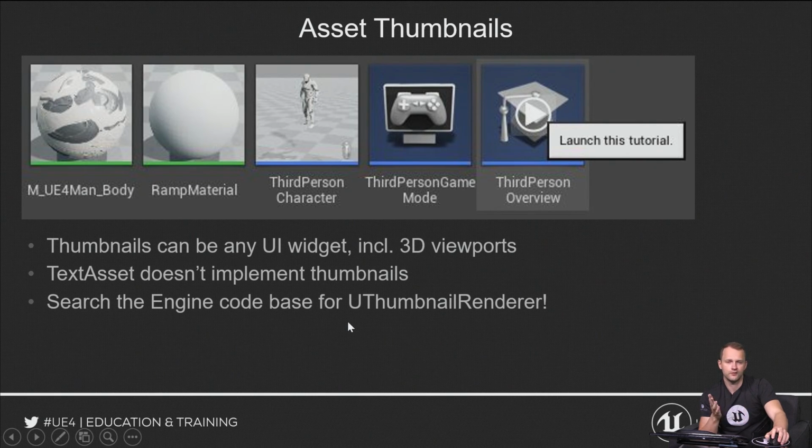It's implemented for many different types of assets, and the class to look for is called UThumbnailRenderer. So that's the class you would inherit from in order to specify your own custom renderer for thumbnails. And there are some really cool things you can do. You could just render a still image, or it could even be a 3D viewport where you can show animations or other things.